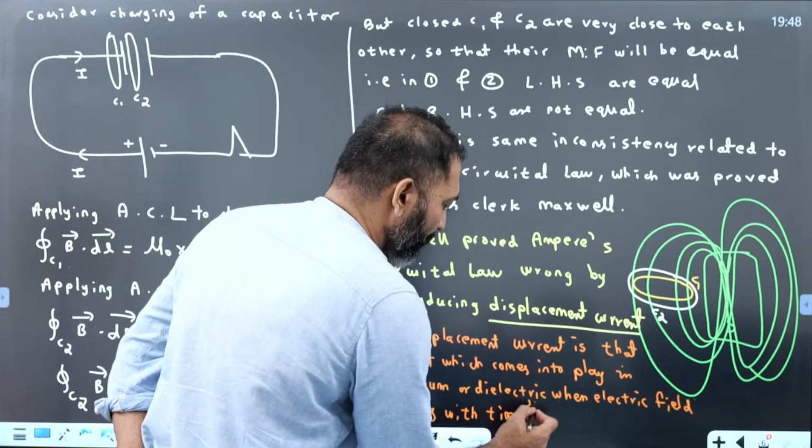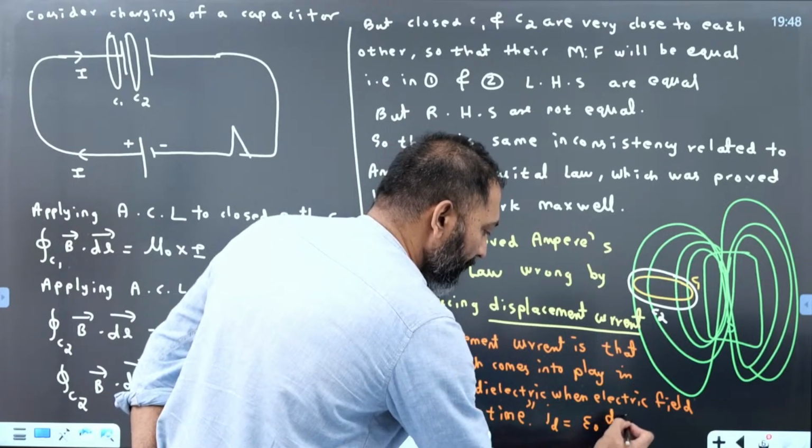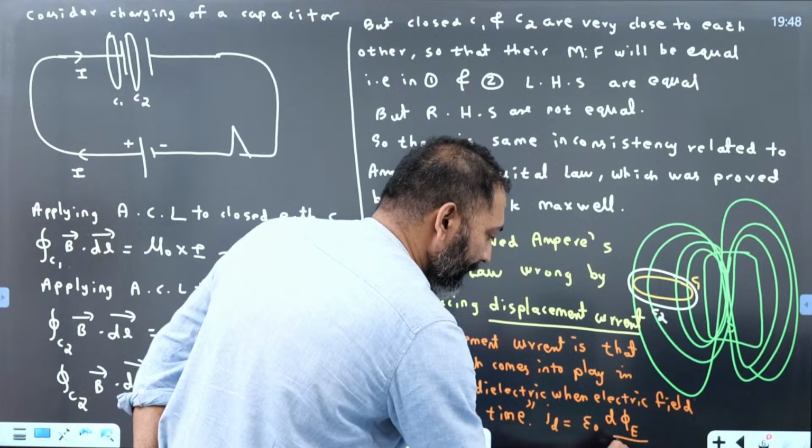The equation for displacement current I_d is equal to epsilon 0 d phi by dt.